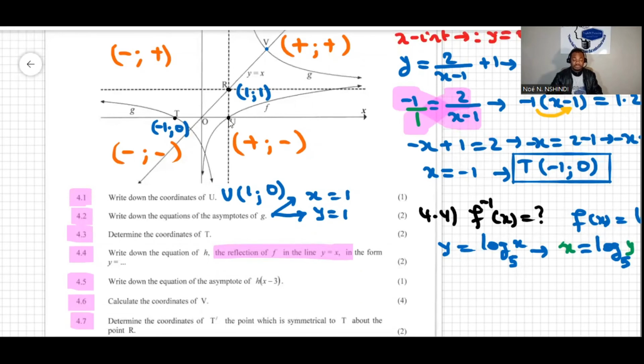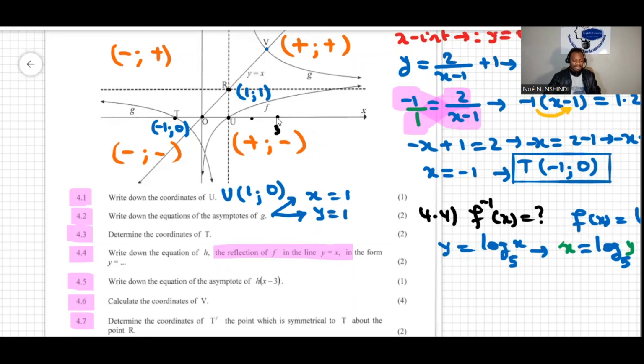So symmetrical meaning we need another 2 units there to find the x coordinate of t prime. So if I count 1, 2, and then another 1, 2, let's say there. How much is it from 0? It's 1, 2, and 3. So this is the x coordinate, 3.